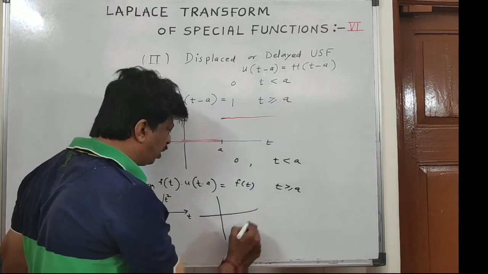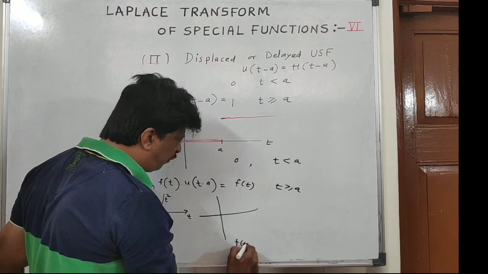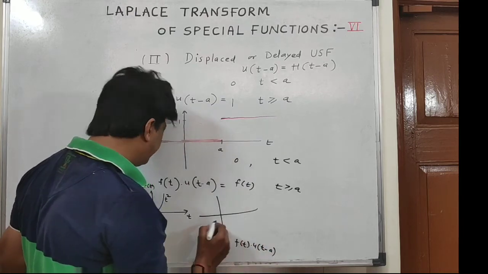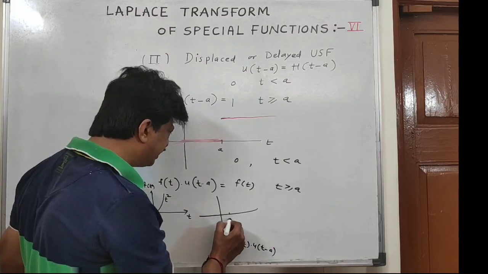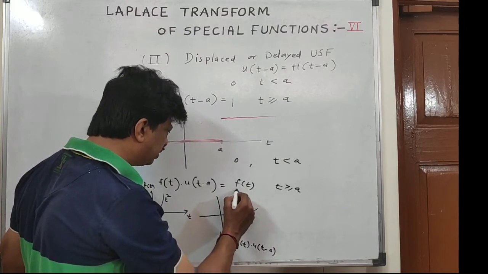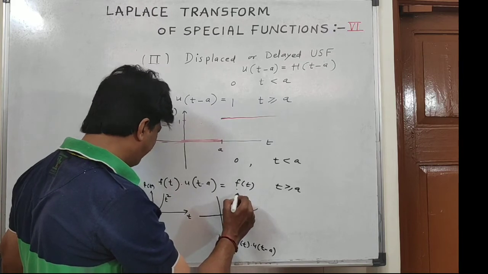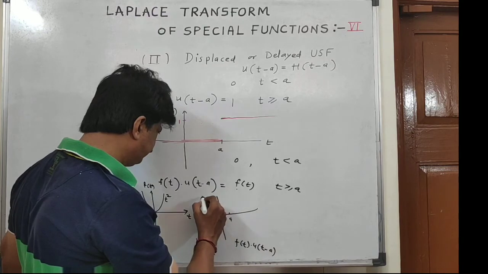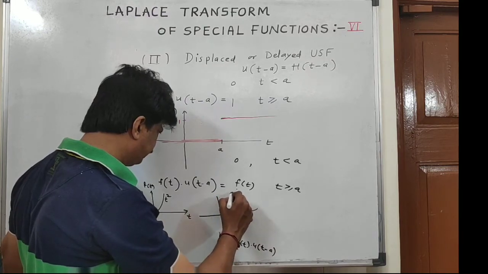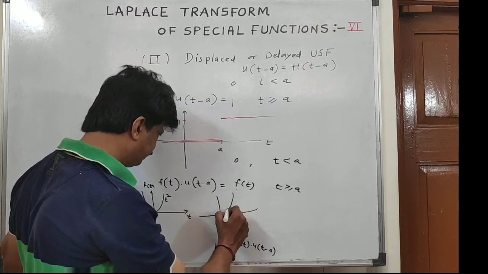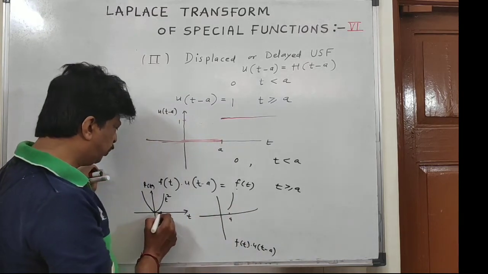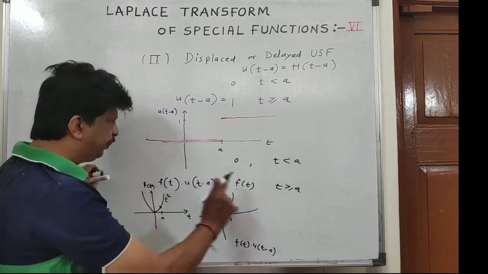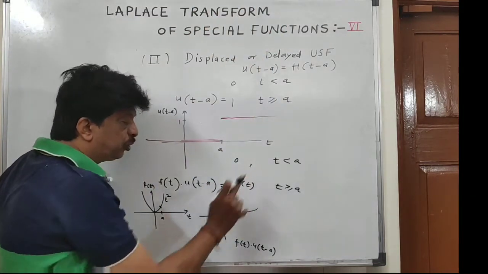Now what is the plot of f of t into u of t minus a? If this point is a, it allows only this much, up to infinity, this portion of the parabola.